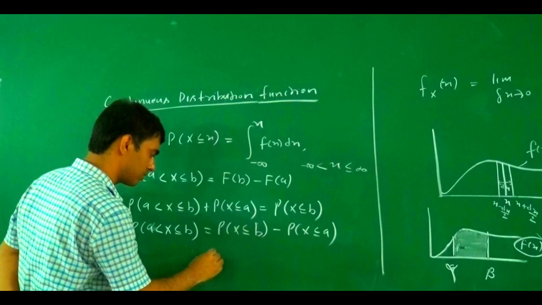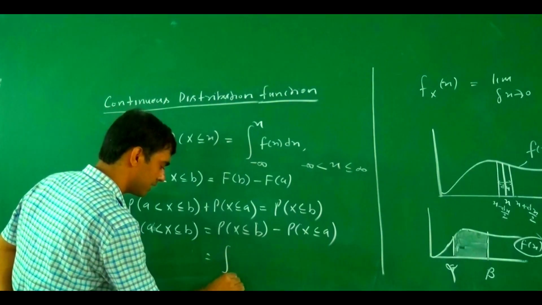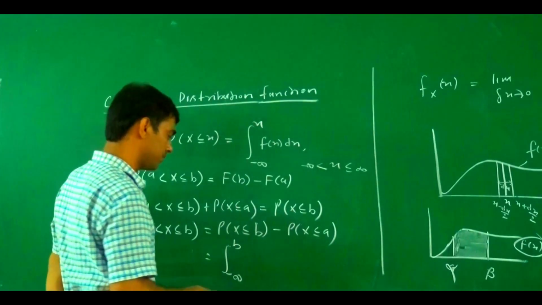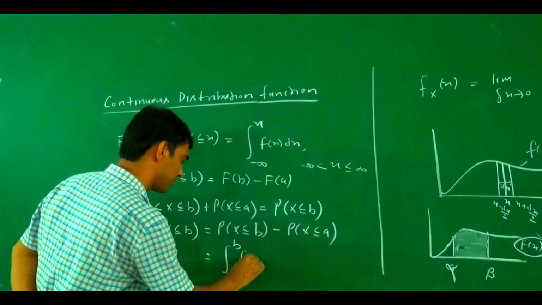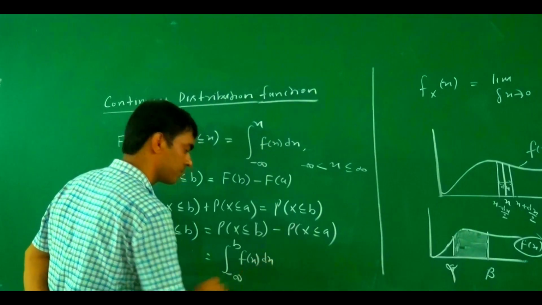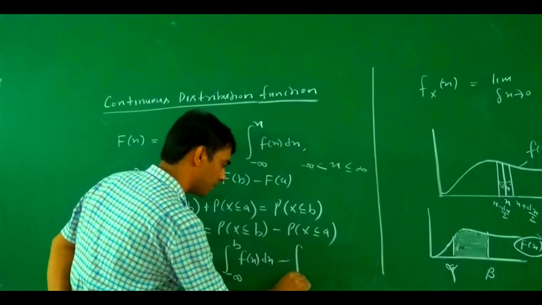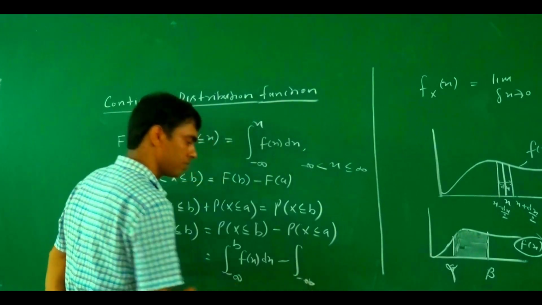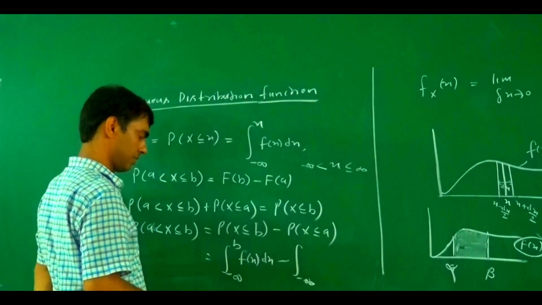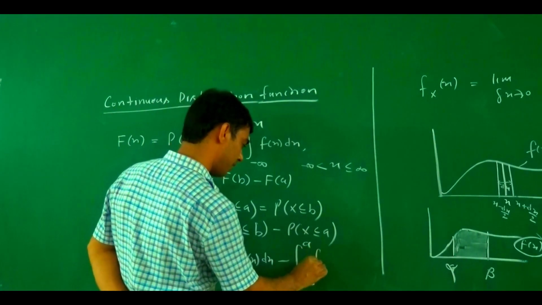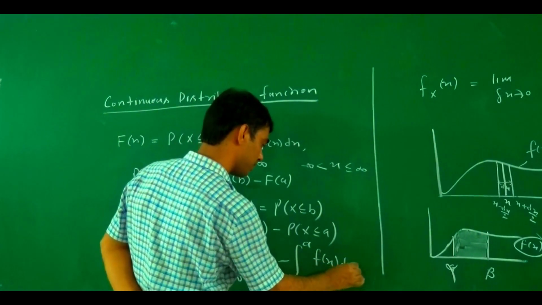Now what is the probability of this one? This is the integral from minus infinity to b of f(x) dx, minus the integral from minus infinity to a of f(x) dx.